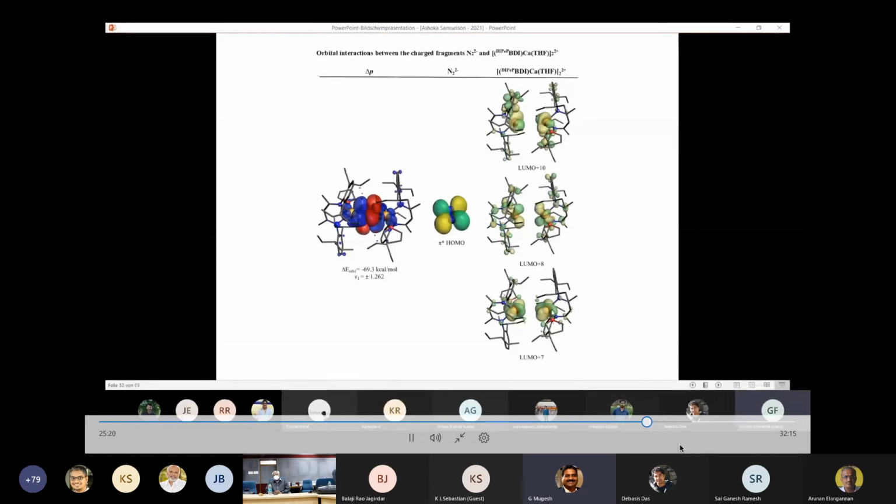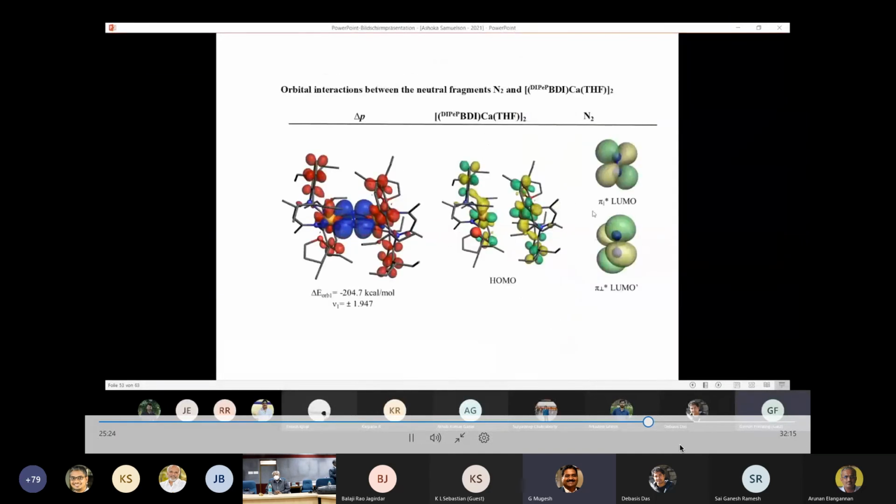And if you do the same for the neutrals, it is the vice versa. Now you can see at the calcium, these are d orbitals which bind from here to here. The associated charge flow comes from the red to the blue, from the ligand to the metal, but it involves d orbitals of calcium.